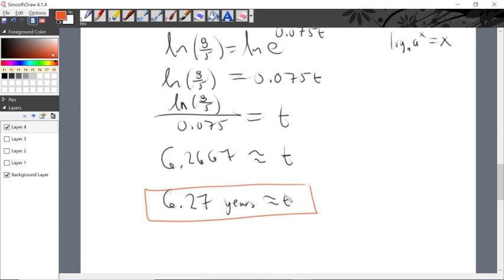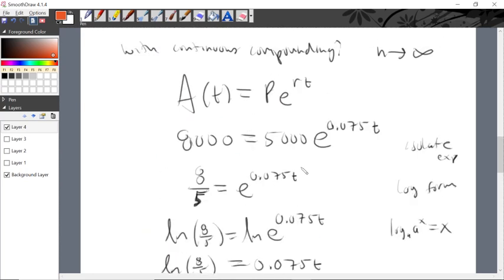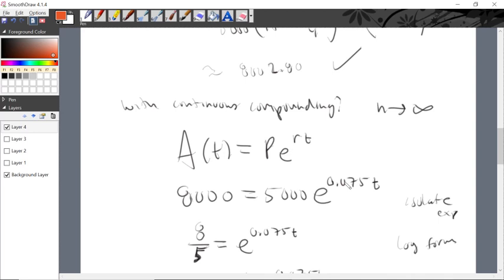It's just 6/100 of a year less. So maybe 3 weeks or so less. And you could check that answer by plugging that value of t back into this equation here and seeing how close this is to 8,000.